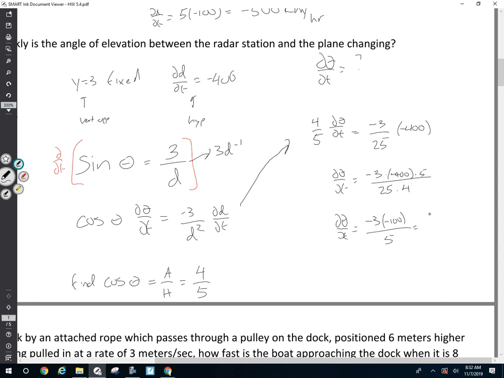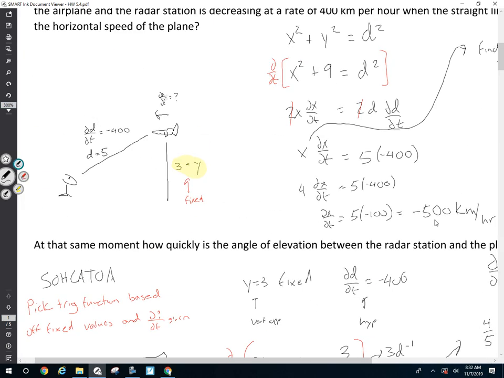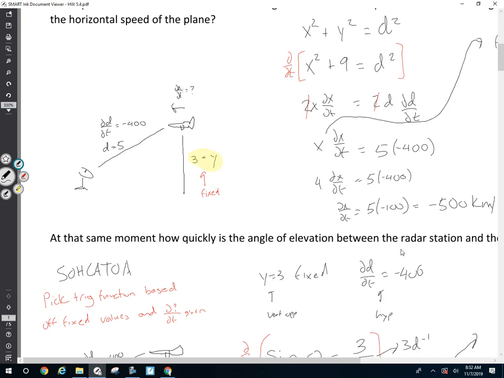So that's -75. Well, it's a positive. That's positive 60. Sorry, 60. Okay, now this is radians per whatever, second, minute. We're only talking about radians here. So there we go.